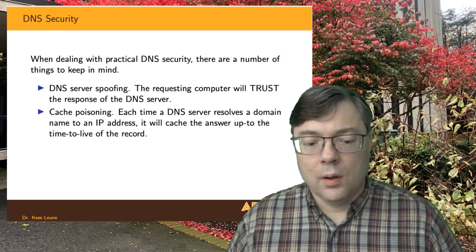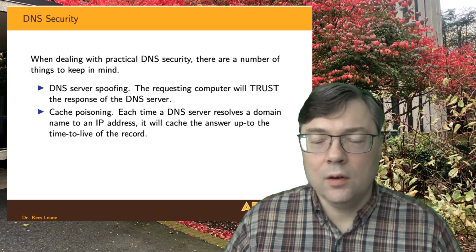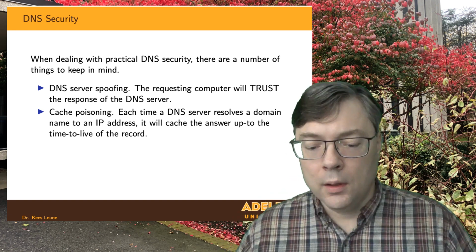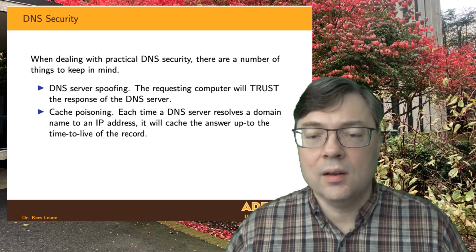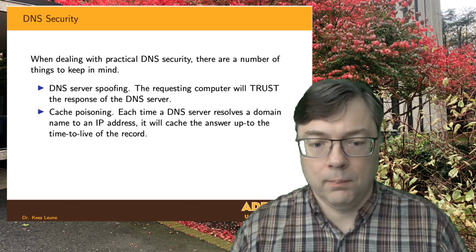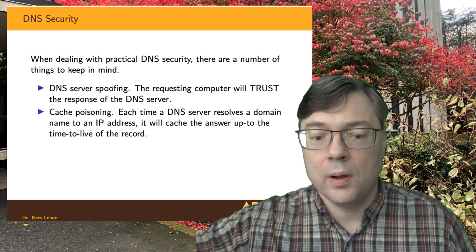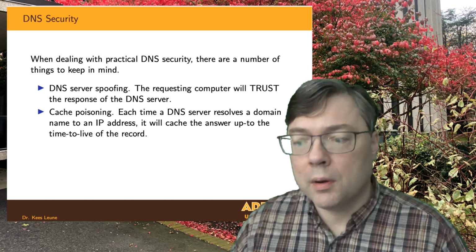The other thing is that if I can convince you of an incorrect answer, in other words, you're looking up bank.com, it should go to 1.2.3.4. Instead, I'm telling you, send it to 10.20.30.40. And you believe me, that means that for subsequent requests, as long as that entry does not time out, you're going to tell everyone about that.